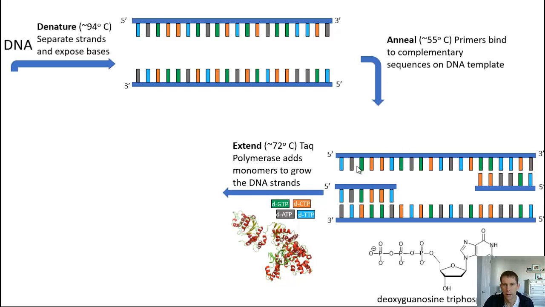Once we have those primers on, that gives a foothold for our DNA polymerase, our Taq polymerase, to interact with the DNA strand and continue to grow that DNA strand from the 3' end. So imagine we have an alcohol functional group on our thymine here.